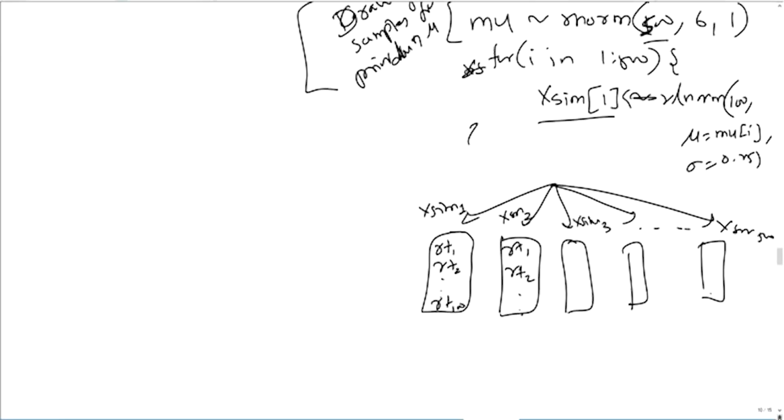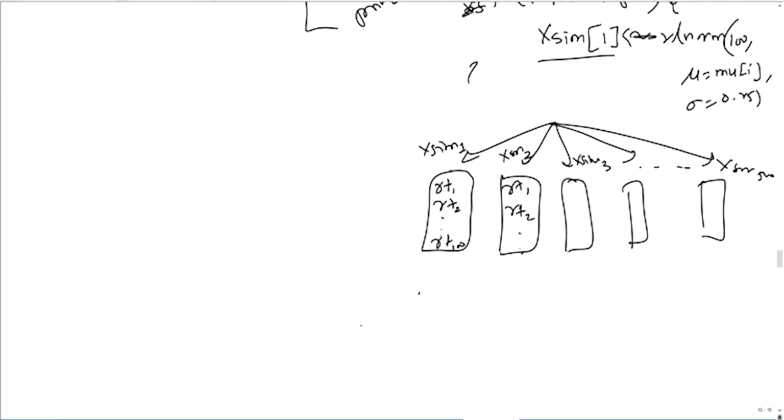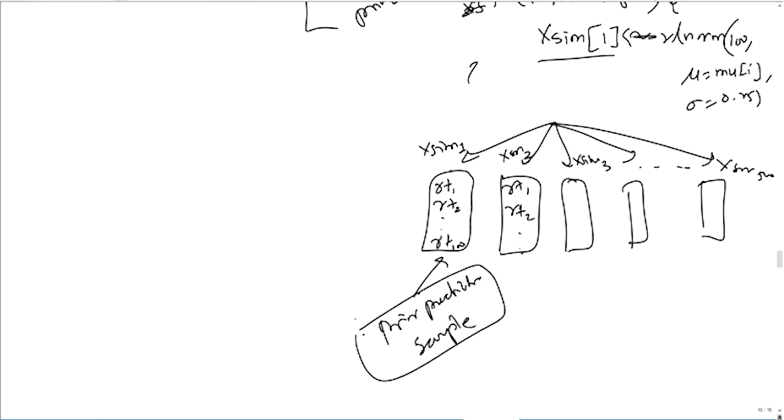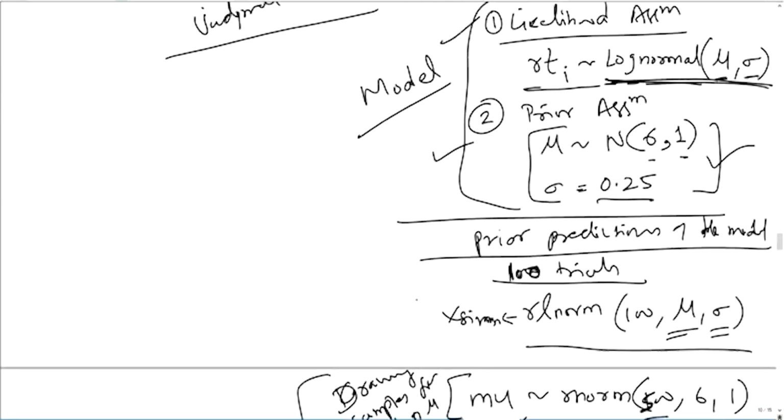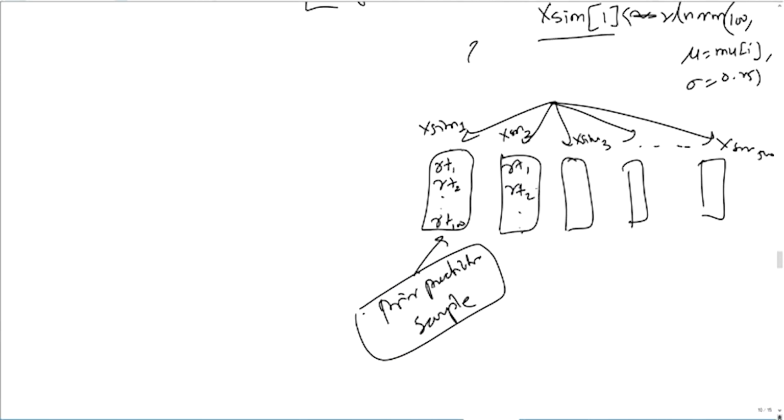What does each prior predictive sample mean? Well, each sample indicates an experimental dataset. If your prior assumptions and your likelihood assumption are all correct, and you do experiments repeatedly, then each time this is the kind of data you might see.